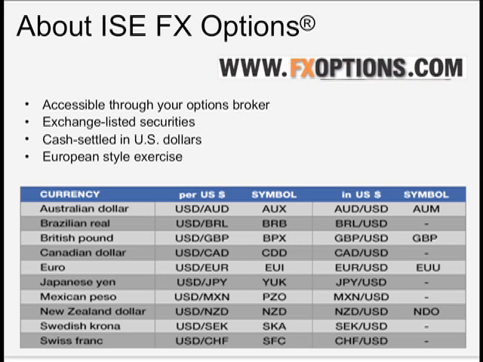And as an option writer, which we're going to talk a little bit about this afternoon, there's no risk of actually being assigned on your options early because they're European style exercise. So there's a number of characteristics that make these FX options a very attractive market to utilize, and the market makers work very hard at providing a market that is quite liquid and where the spreads are quite attractive for us little retail guys to trade.